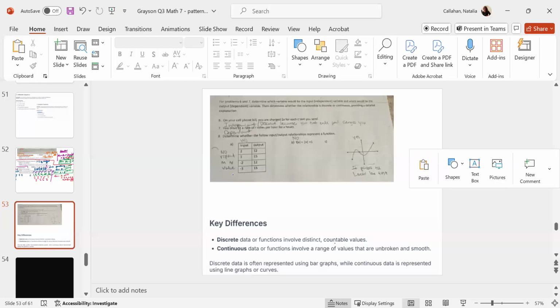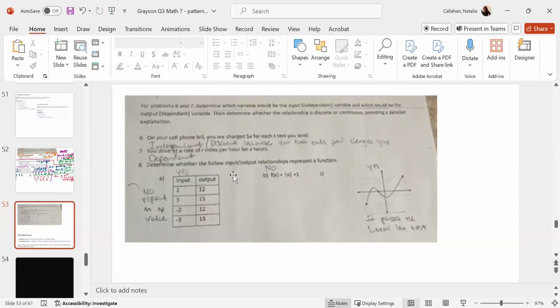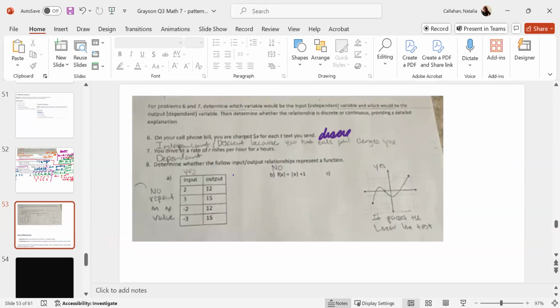So this one, the cell phone is discrete because you either have one text, two texts, right? No 1.5 texts, right? Okay.